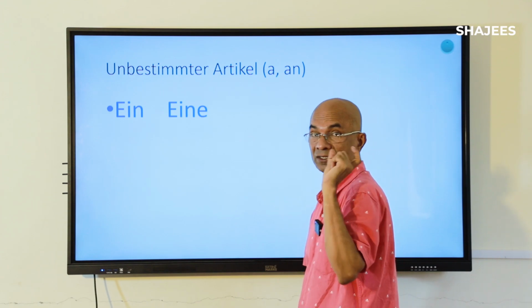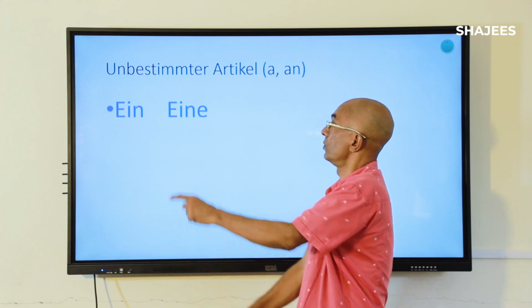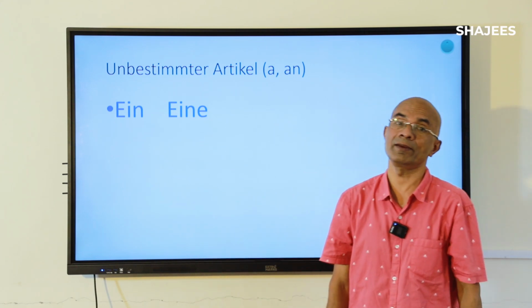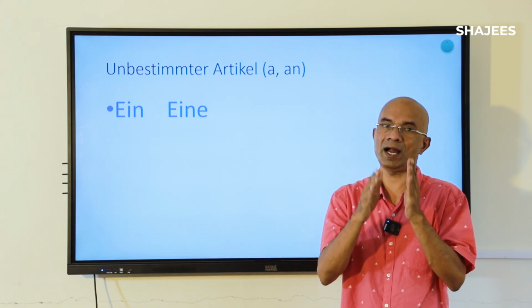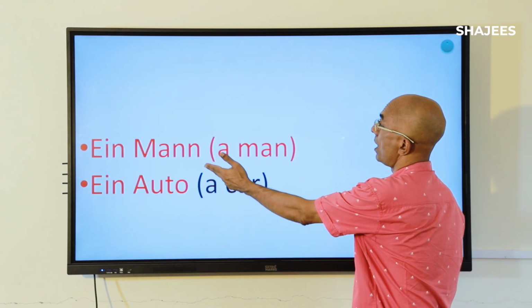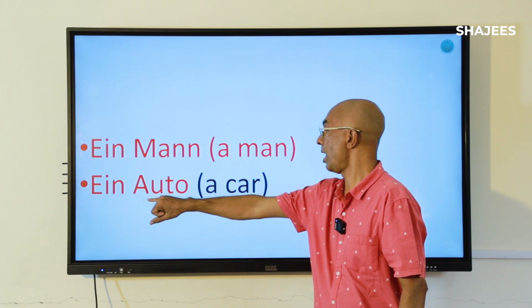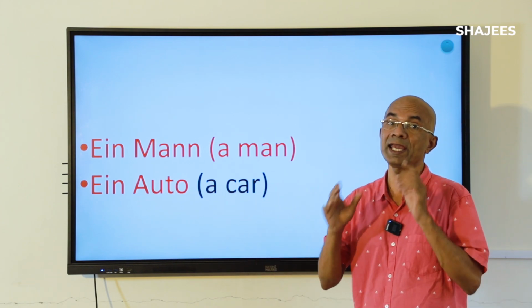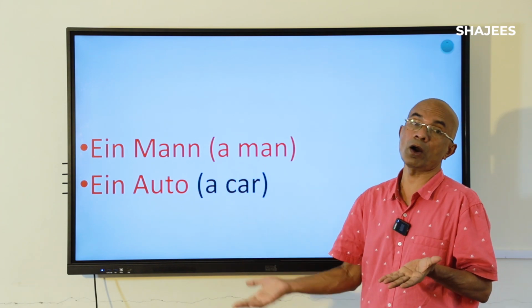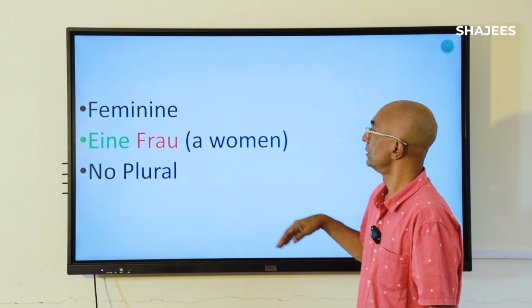For der and das, masculine and neutral, we use ein. For feminine we use eine. Unbestimmte article. Next, for example, ein Mann, a man. Ein Auto, a car. That's one man or one car, a car, a boy. Okay, next one.